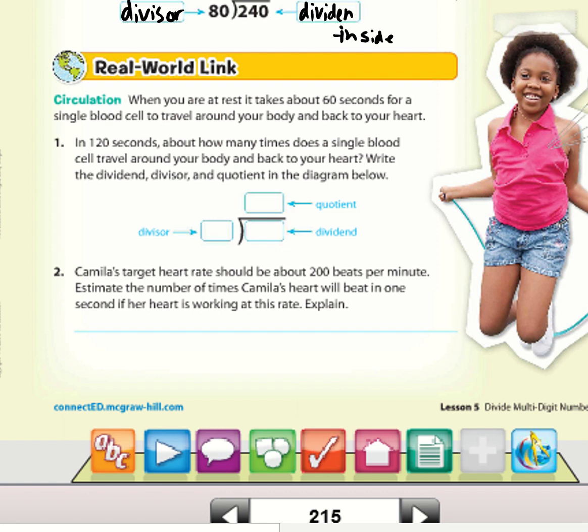Well, I know that 60 is going to divide into 120, so 120 divided by 60. My dividend is 120, divisor is 60, and my answer will be 2. Because of the shortcut, I know 12 divided by 6 equals 2, so 120 divided by 60 will equal 2.